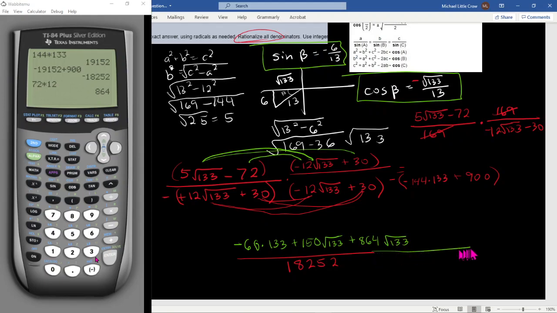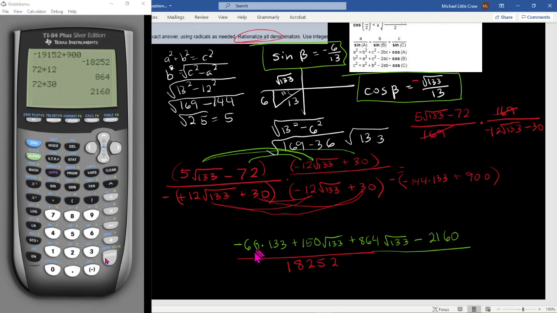Keep the fraction going. And then finally we get 72 times 30, which I'll come back to later. So we get a negative 2160.